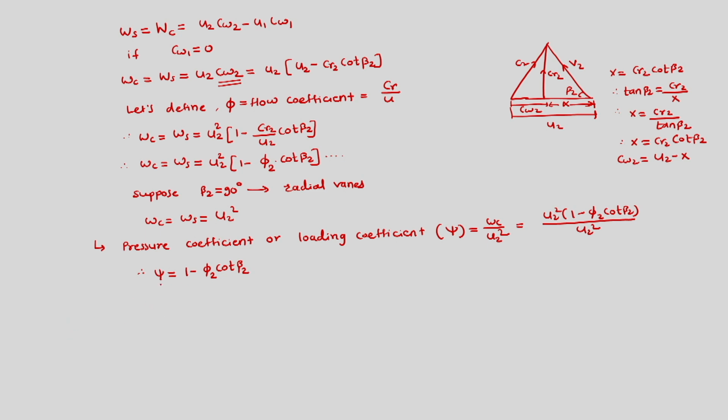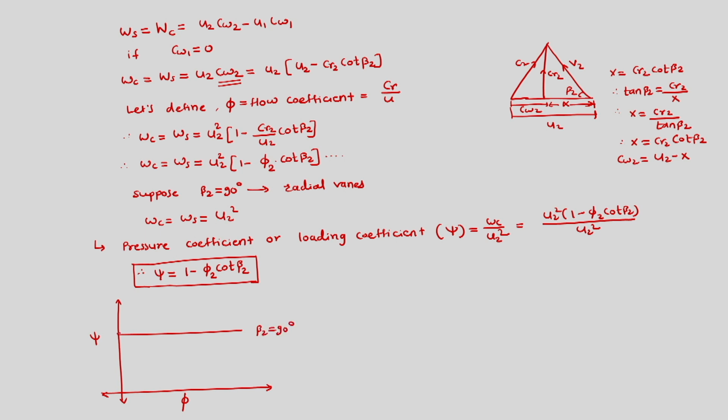We can use this for comparing different compressors, which are centrifugal compressors having different blades, different number of blades, different blade geometries, different pressure rises, different sweep angles. If we plot psi versus phi, we can get a graph which is for beta 2 equal to 90 degree.